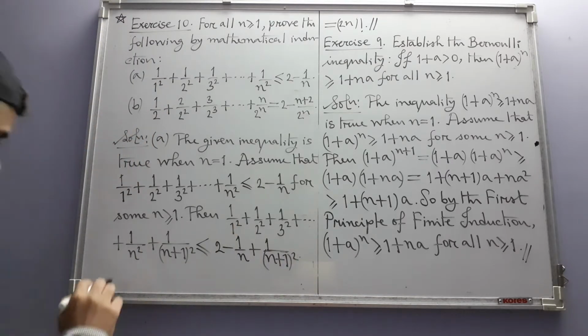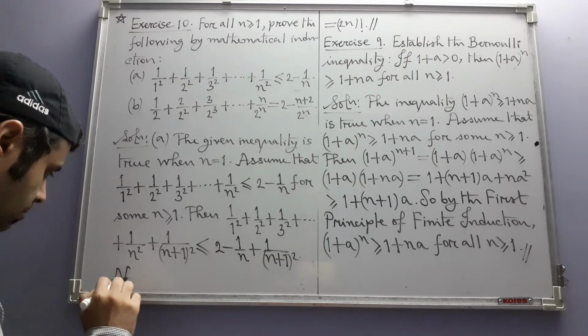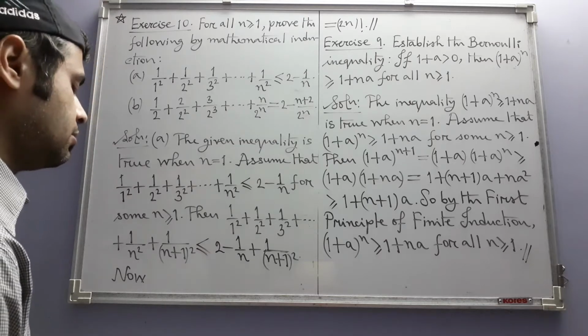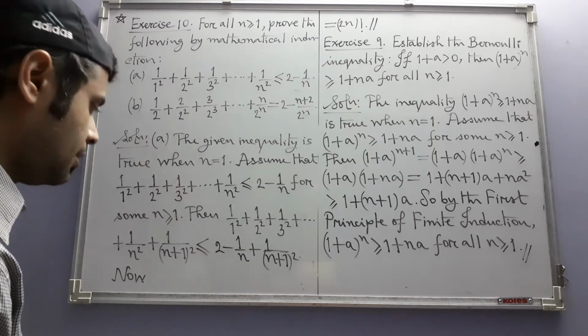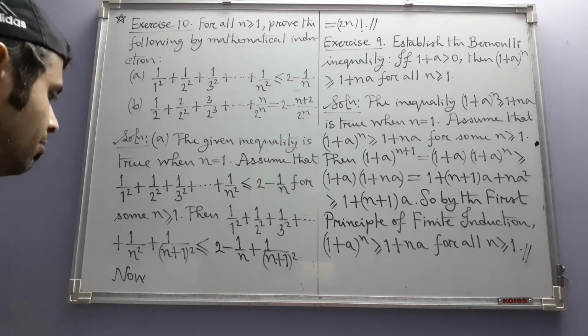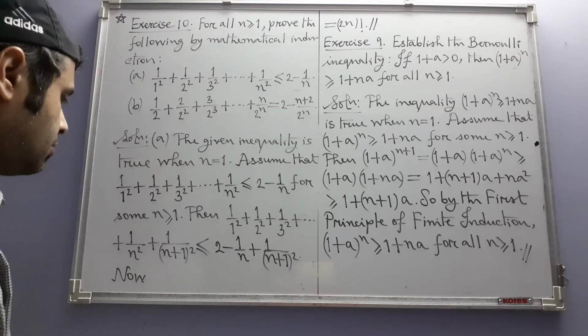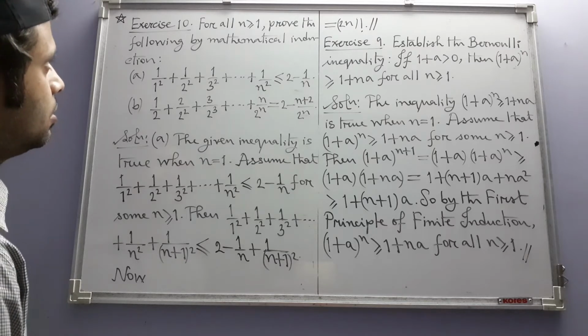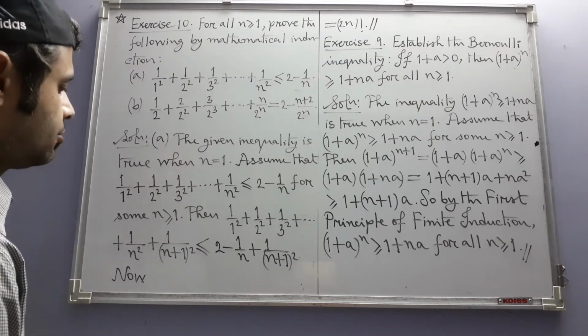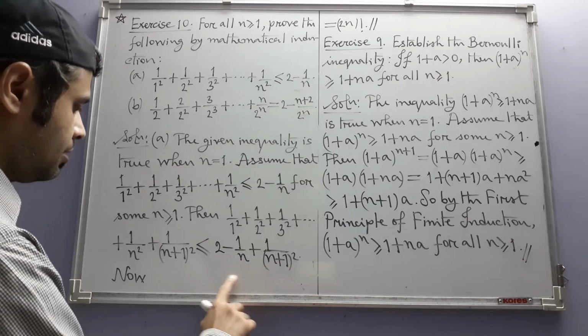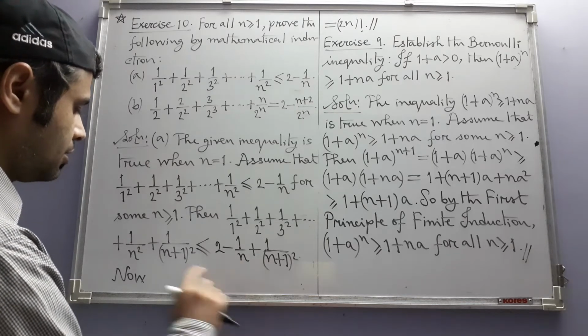Okay, now we want this to be less than or equal to 2 minus 1 over n plus 1. For that to happen, I need minus 1 over n plus 1 here.